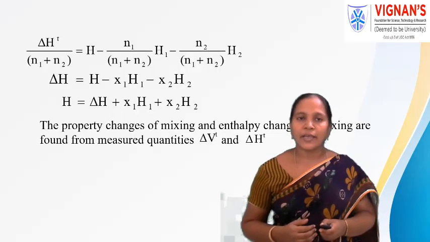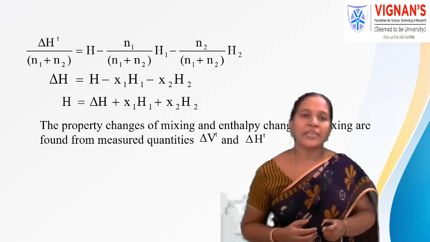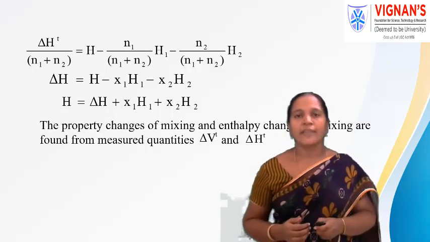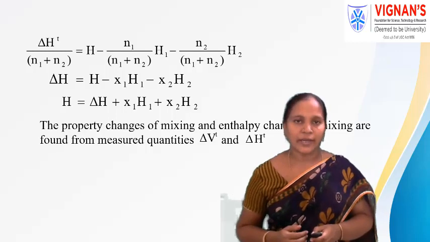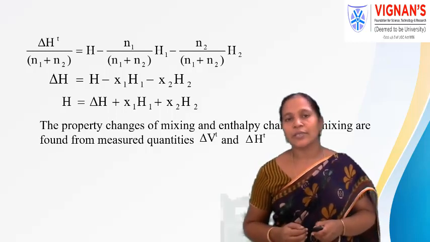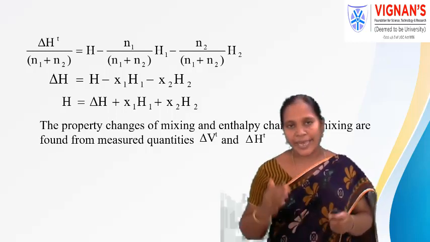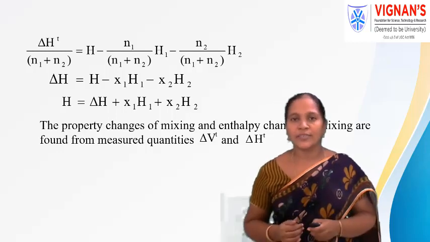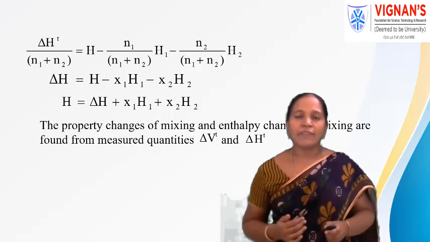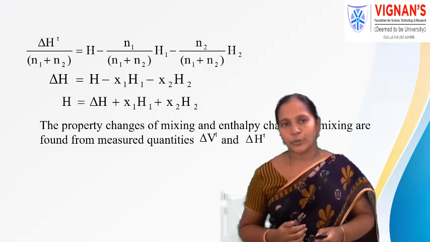Therefore, divide the equation by N1 plus N2 on both sides. Delta H total divided by (N1 plus N2) equals H minus N1/(N1 plus N2) times H1 minus N2/(N1 plus N2) times H2.